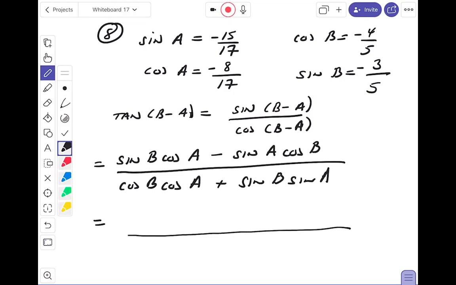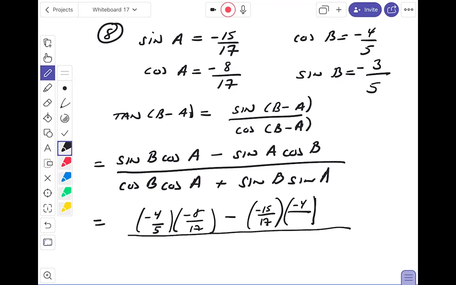What's sine of B? Minus 4. We'll do the arithmetic later. What's cosine of A? Minus 8 17ths. Minus, what's sine of A? Minus 15 17ths. Again, we'll do the arithmetic later. I'm just copying. What's cosine of B? Minus 4 fifths.